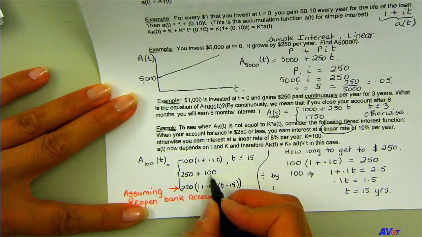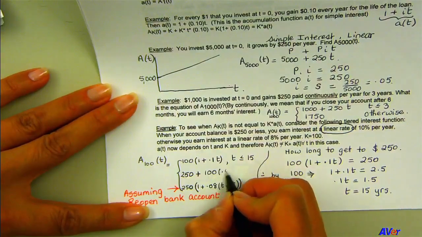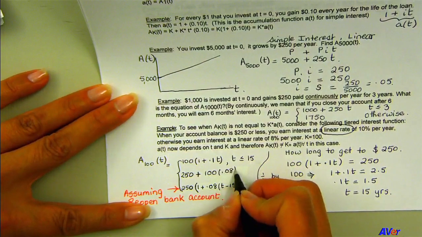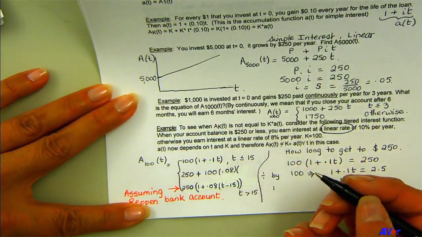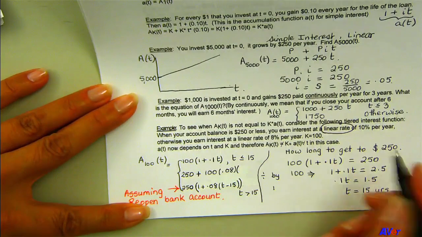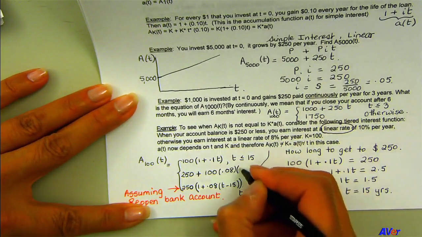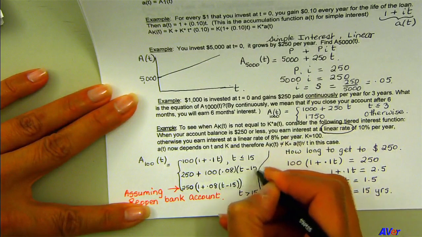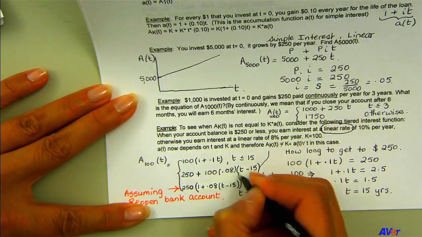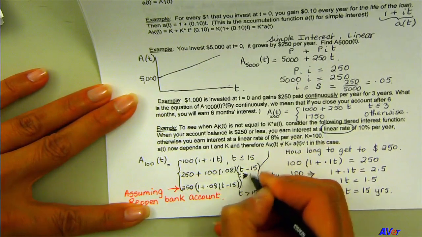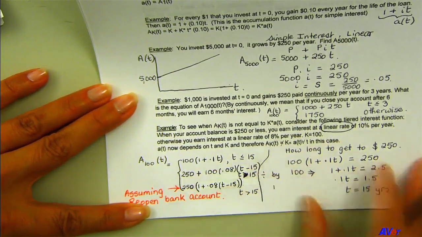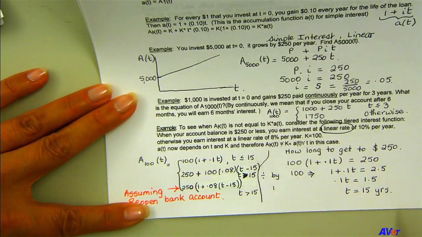Right, so 100 times 0.08 times the number of years that it's been in there past 15. T minus 15, for T greater than 15. See if that makes sense to you.